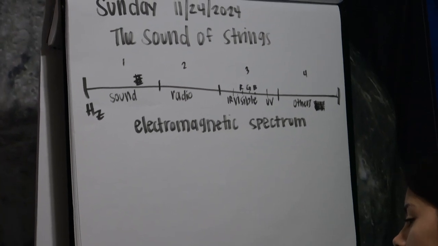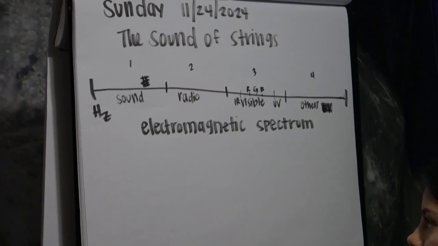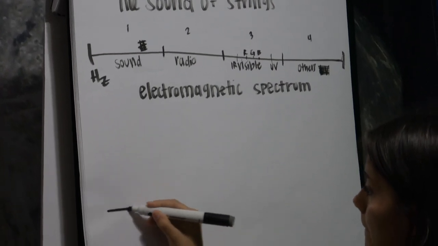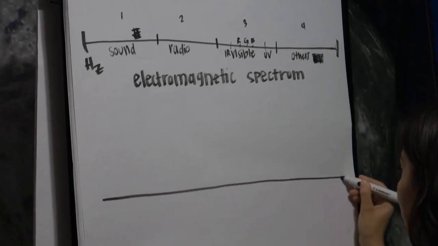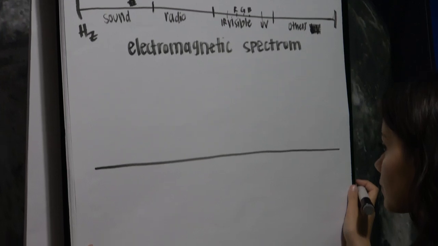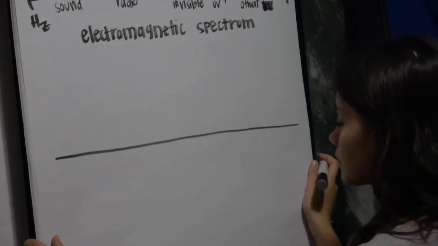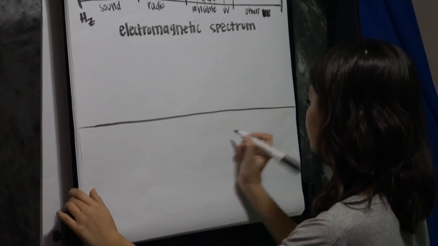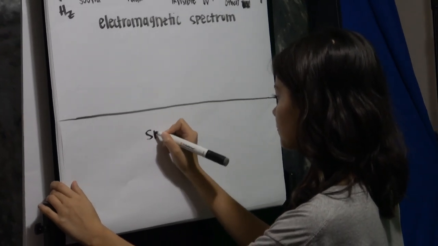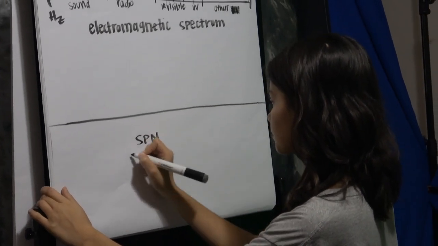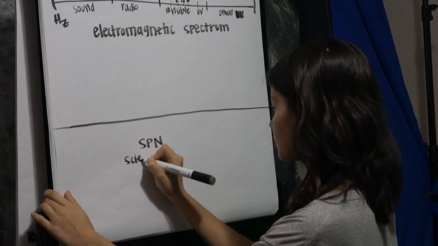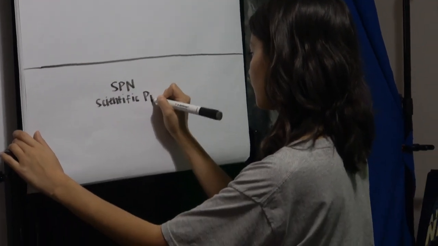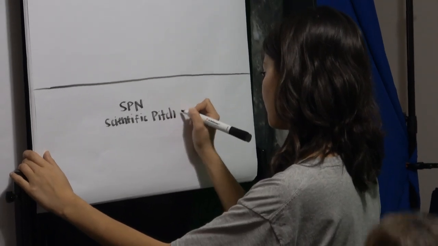Draw another line way down. Give some room there, all the way across. And put underneath there SPN, scientific pitch notation. So this is music notation as we know it, but it has to do with the physics of music.